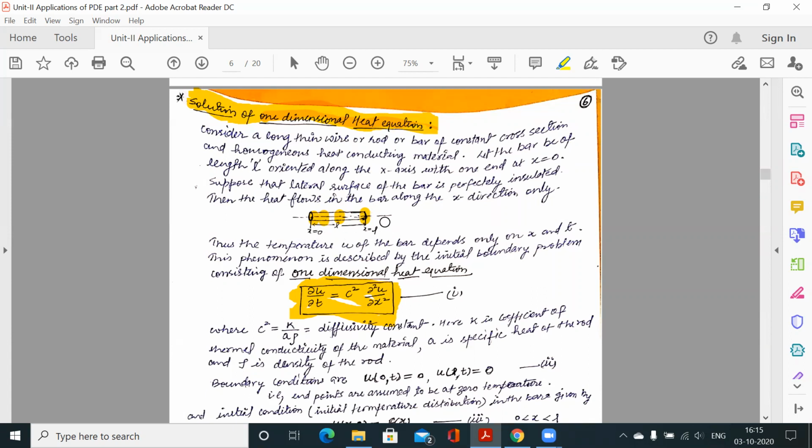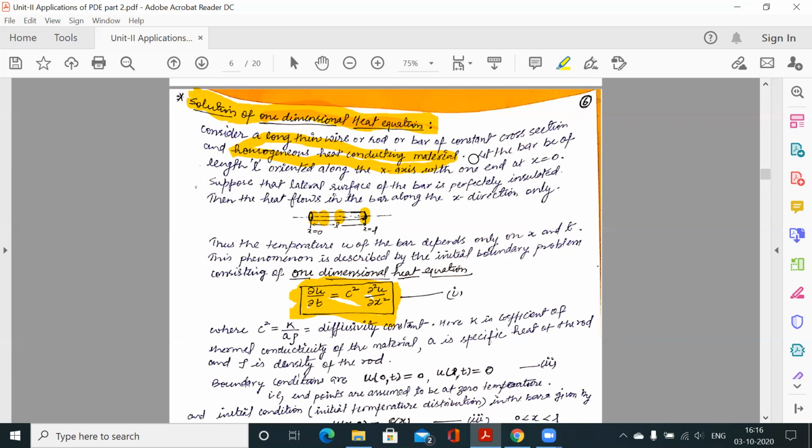It is very long and very thin, and made of homogeneous heat conducting material, meaning the heat conducting material is the same all over the rod. Homogeneous means the same.